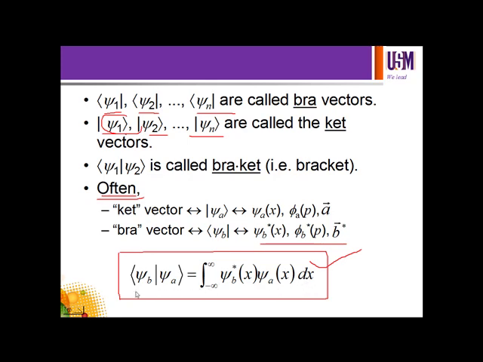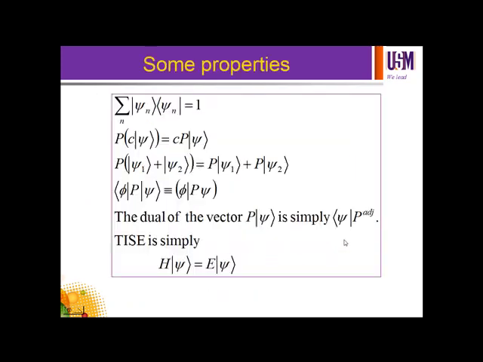It can be represented by the inner product of the two psi. So you can see here that the bra is always conjugated. The bra vector is usually a conjugated vector.